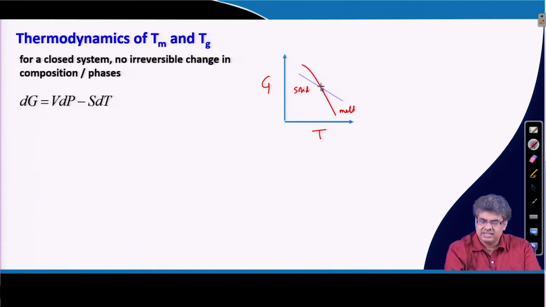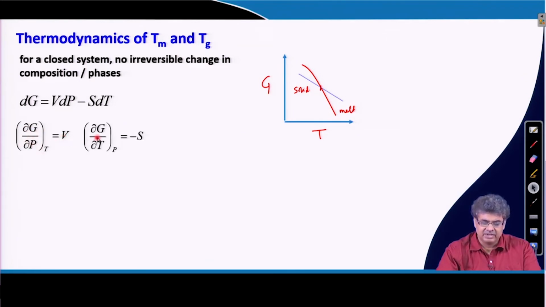There is the melting point, but in this case the transition is not discontinuous. But the first derivatives, which are dG/dP, V, or minus S or H.